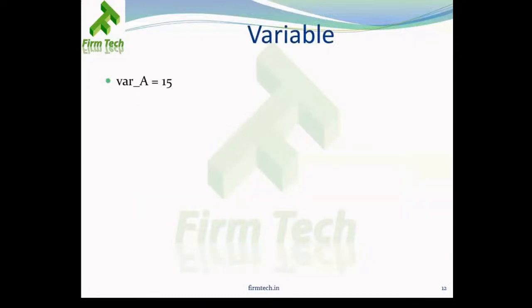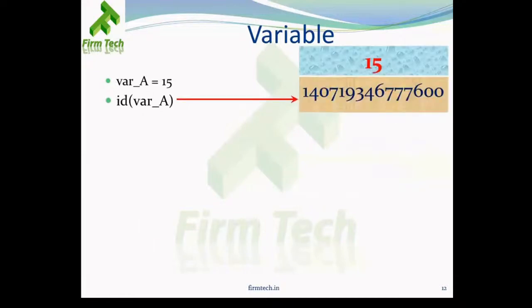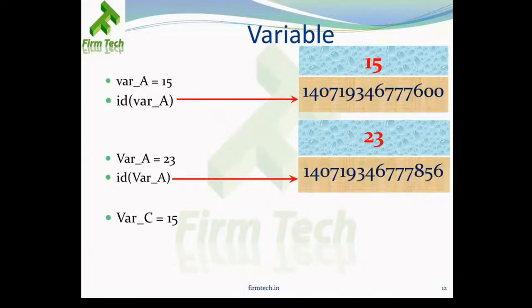Here, var_a is assigned with value 15, and this will be stored in memory. I am introducing a third variable, var_c, with the value 15. See here, this var_a as well as var_c have the same value 15.